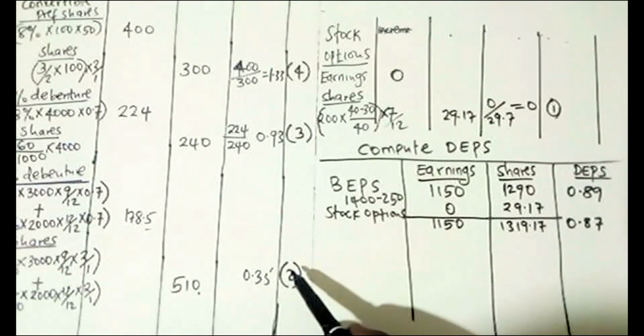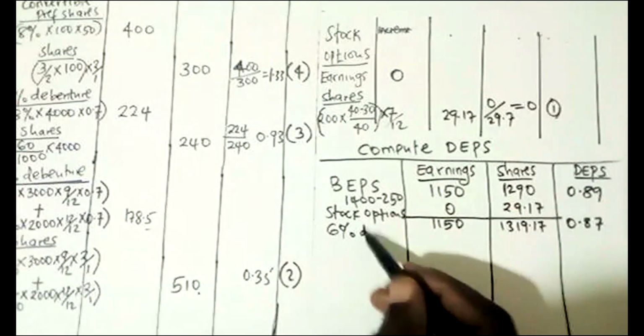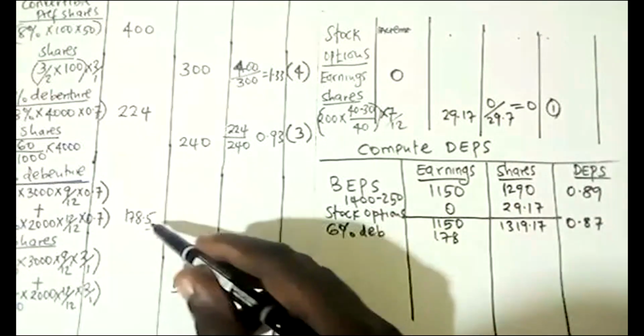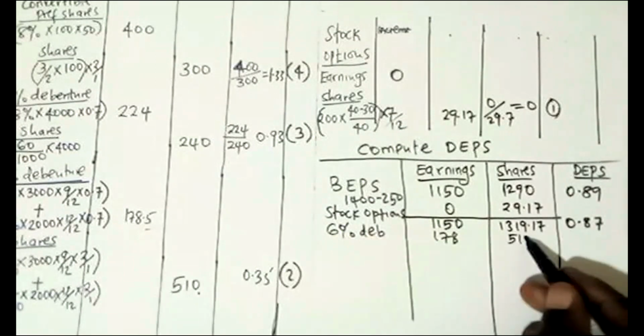Number two is this one, which was the 6% debenture, 178.5 and 510.